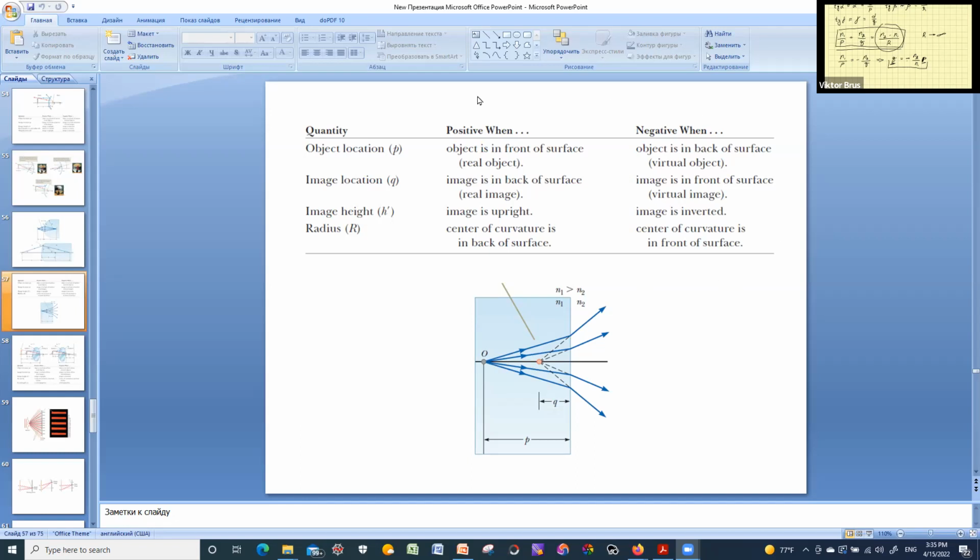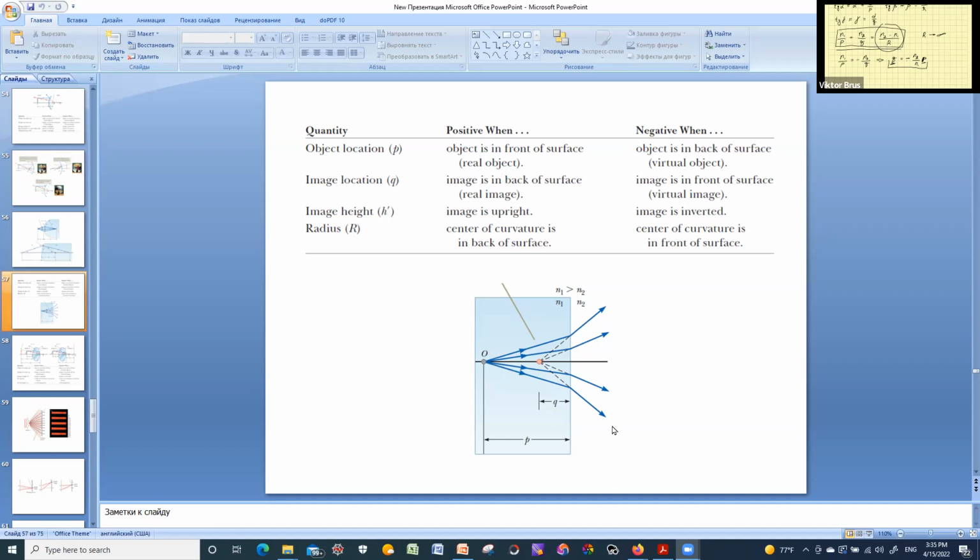Also here is a table which provides more information on which distances should be considered positive or negative. You can pay attention to that later, but I partially described it for object location and image location, P and Q.